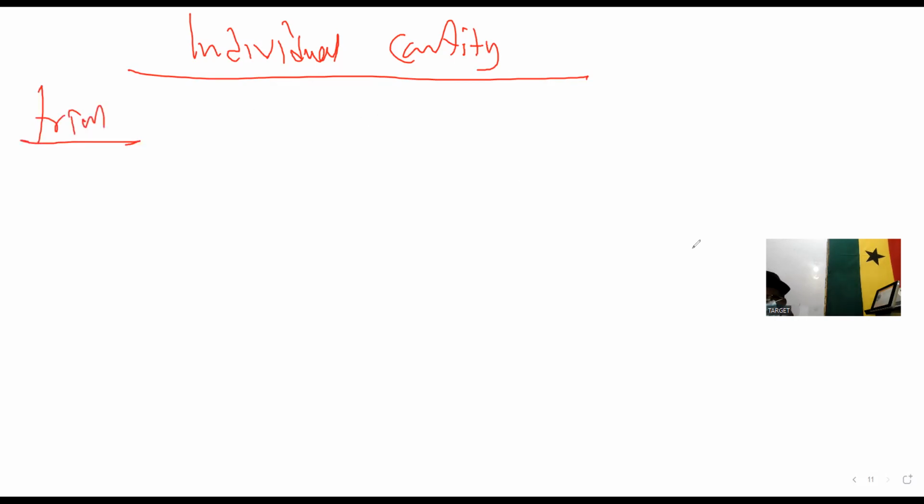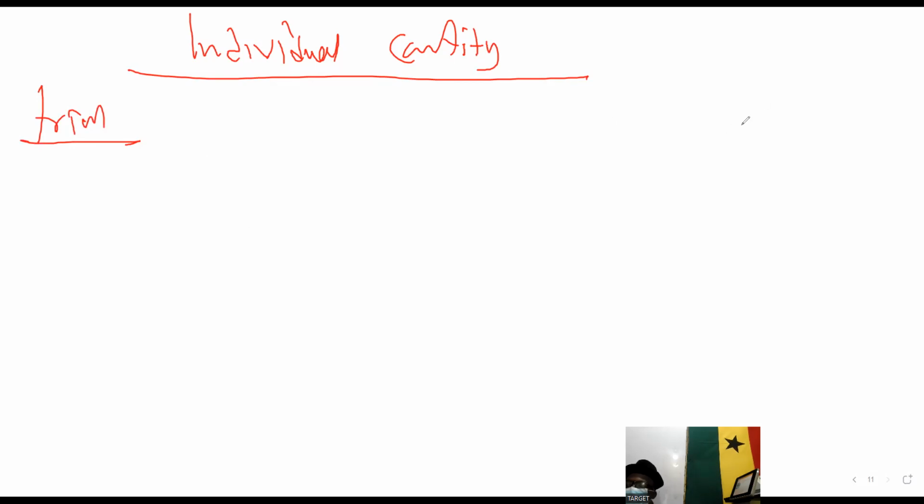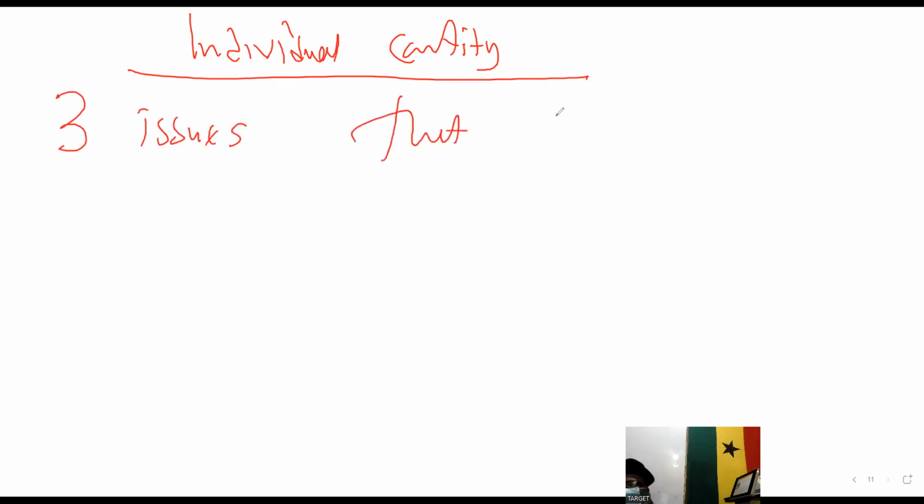Let's just assume, for individual entities, in fact, there are 3 things. Let me make it clear here. 3 things that affect earnings per share. The 3 issues that affect earnings per share. So in exams, look for this.